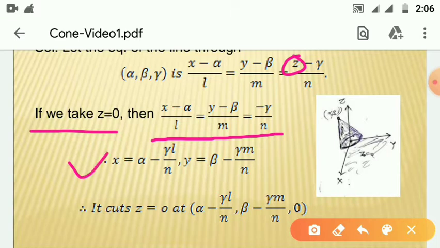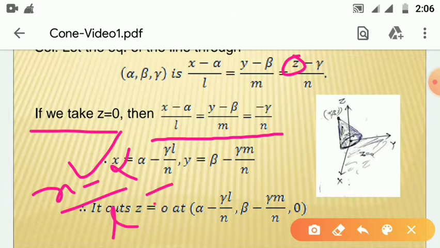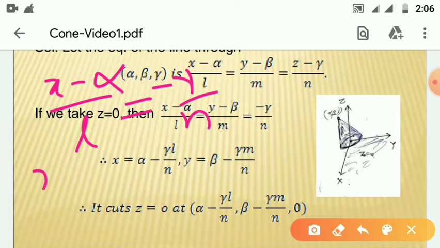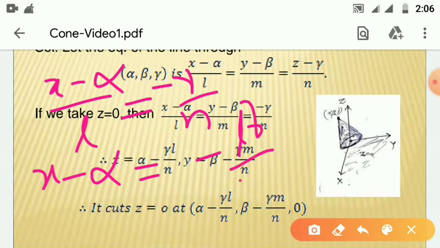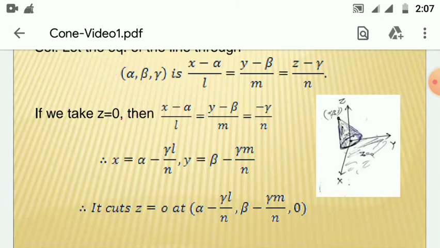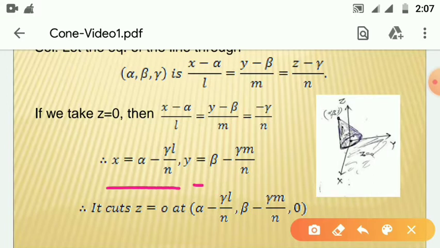On simplification, taking (x minus alpha) by l is equal to minus gamma by n, we will have x minus alpha is equal to minus l gamma by n, and hence x is equal to alpha minus gamma l by n, and in a similar way we will get y is equal to beta minus gamma m by n.